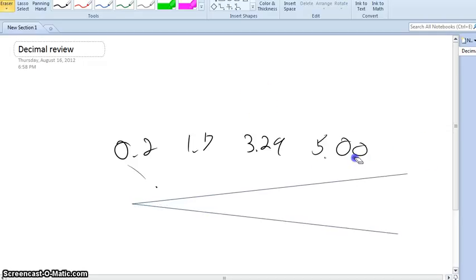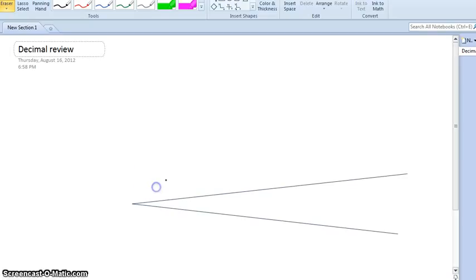Now let's do a different one that's not in order: 1.09, 5.6, 0.99, and 0.02.